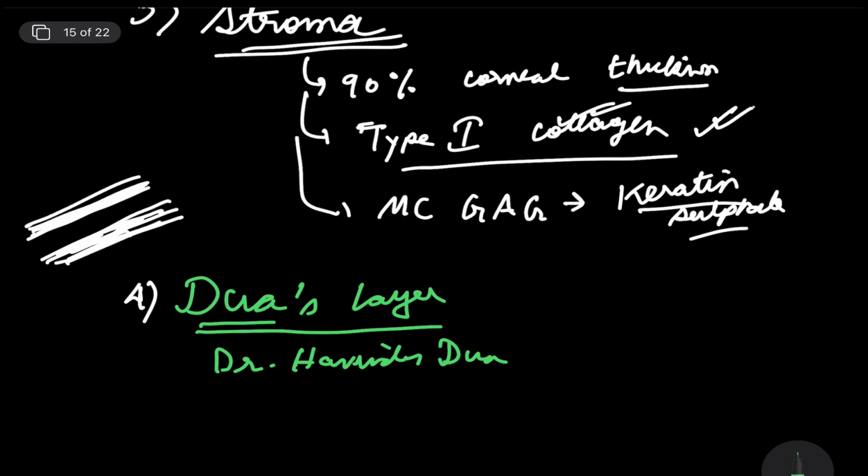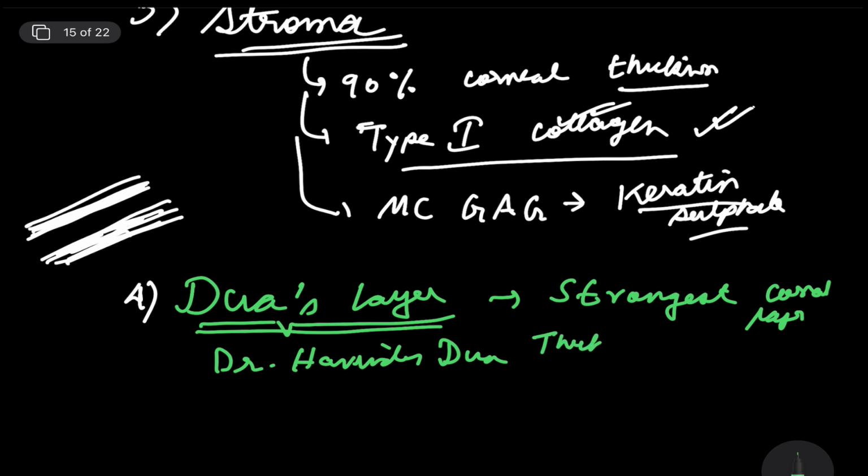That is basically what led to the discovery of a very tough, or rather the toughest layer of the cornea, which is the Dua's layer. So basically this is the strongest corneal layer. If it is the strongest corneal layer, what is its thickness? Well, its thickness is a range. It ranges from 7 to 14 microns.